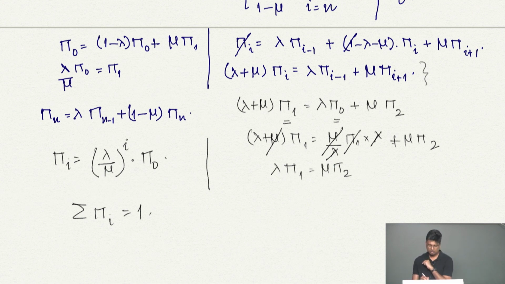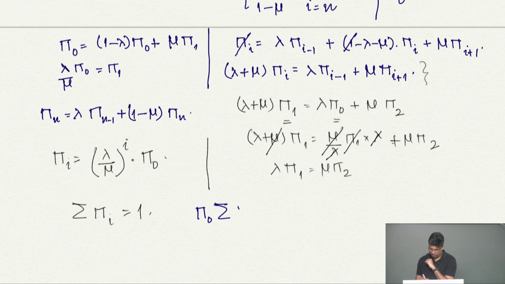So what you get there is, I'll take pi 0 common, the summation of lambda by mu to the i, where i ranges from 0 to n, and this is equal to 1.